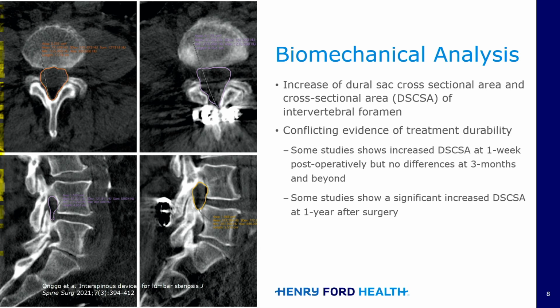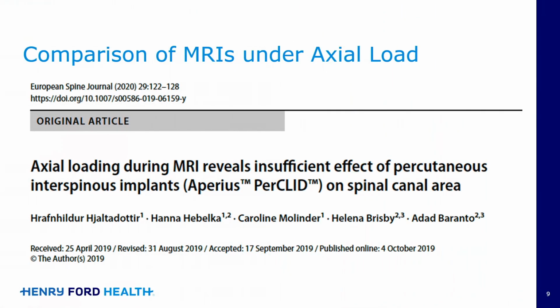But there is some conflicting evidence about treatment durability. A few studies show an increase in this area at one week postoperatively, but then see no differences at three months. Other studies show a significant increase in the dural sac cross-sectional area up to one year after surgery. So there's a bit of a conflict in the data.